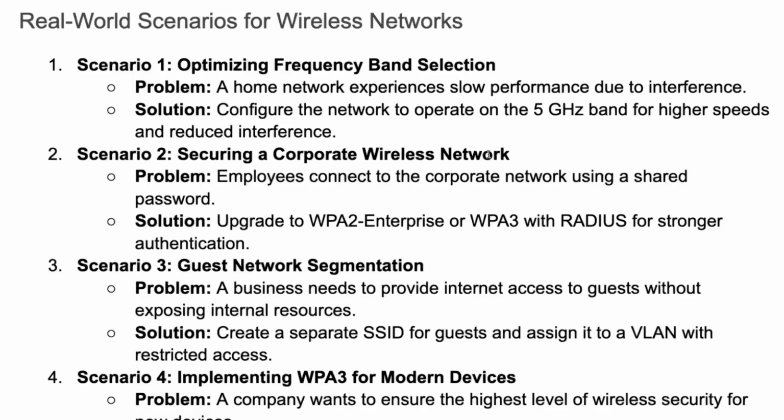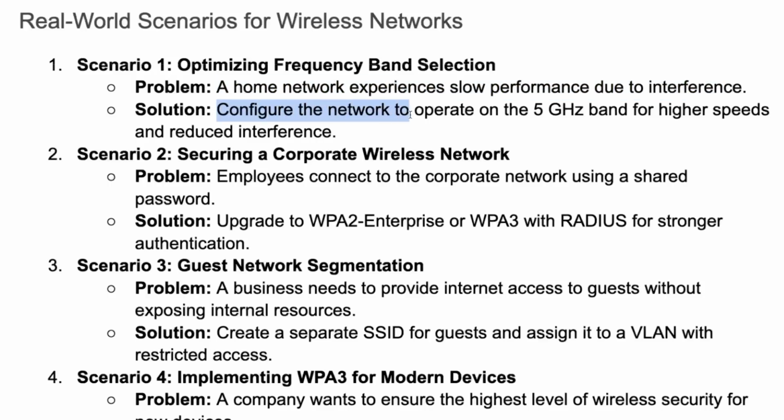Now we have time for scenarios. Scenario number 1 is optimizing frequency band selection. Here's the problem: a home network experiences slow performance due to interference. So they're probably on the 2.4 gigahertz band.